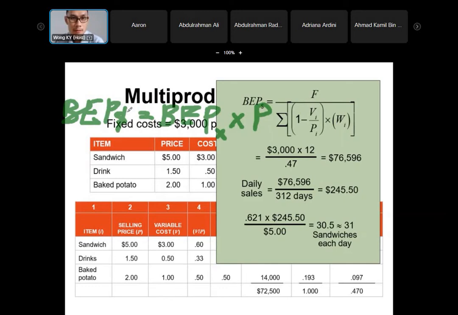So you use the BEP in dollar, which is 245.5, but then you have to times back with the weightage first. Okay, because if you times the weightage, then it will reflect the true quantity of the sales. So 245.5 times the weightage, and then you divide back with P. Selling price of sandwich is $5. So if you do that, you get this answer, 31 sandwich each day. So this is the number of sandwich that the shop should sell in order to break even.